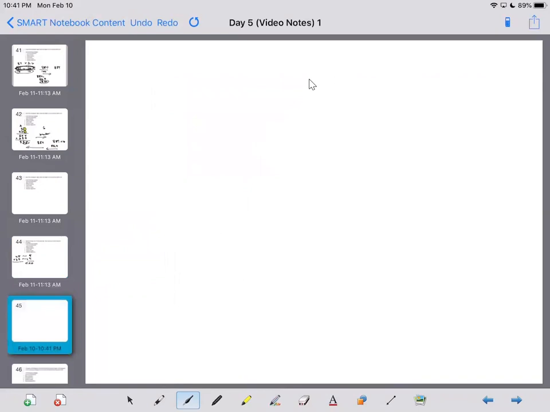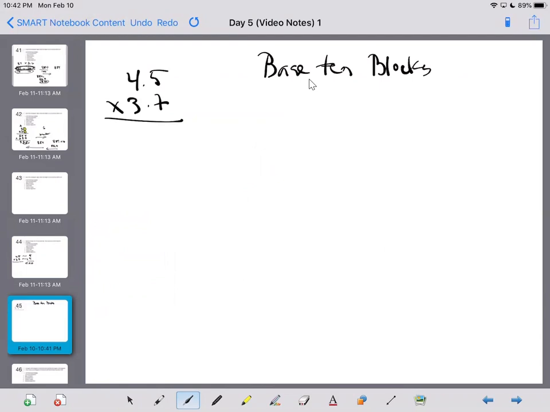So now let's look at 4 5/10, and let's multiply that by 3 7/10, and let's use the base 10 blocks to model this. Now we can only model this really into the hundredths. So it is a limited model with this.